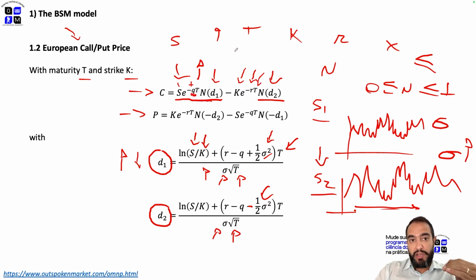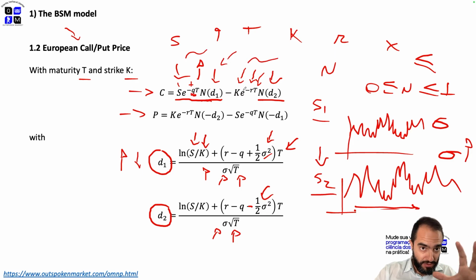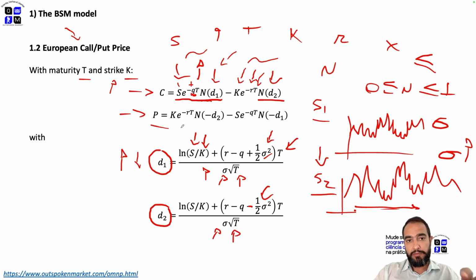So you have more effect on what you are going to get from what eventually you are going to pay on each one of these components. So the overall combination is that with volatility going up, you are going to have an increase in the call option price. You can follow the same intuition for the put prices, but for simplicity, we are going to stick to the call option.